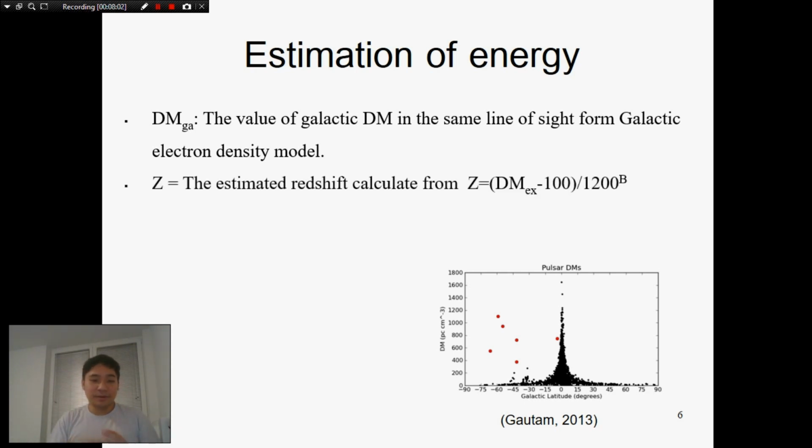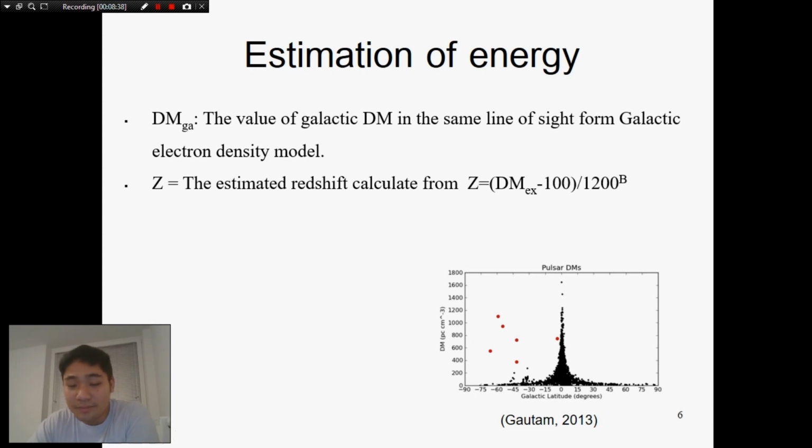Another parameter is the estimated redshift, which we will calculate using this equation. In this equation, we have another parameter called DM excess, the DM axis. As the name says, the DM excess is the difference between the observed FRB DM minus the DM in the same line of sight.